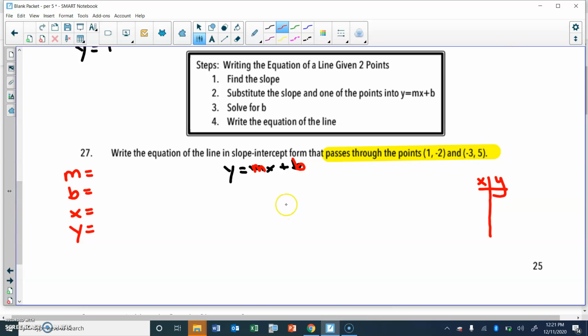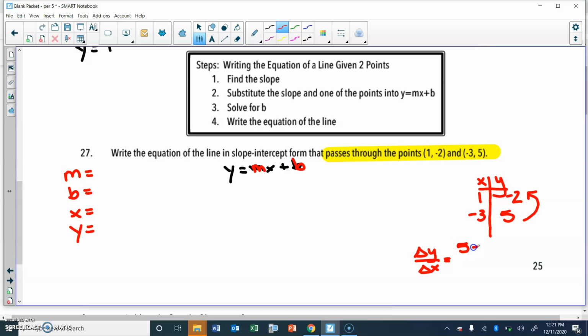Guess what? They didn't give me a slope, so I have to find the slope given the 2 points. It's (1, -2) and (-3, 5). So I have to do change in y over change in x equals 5 minus -2.